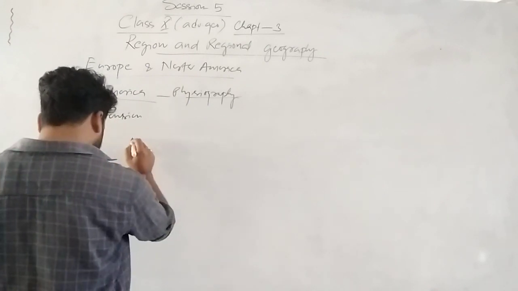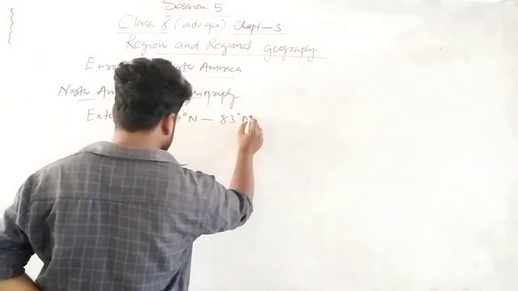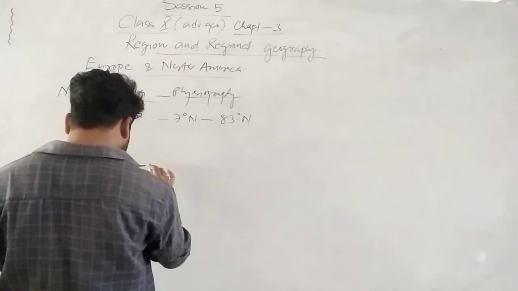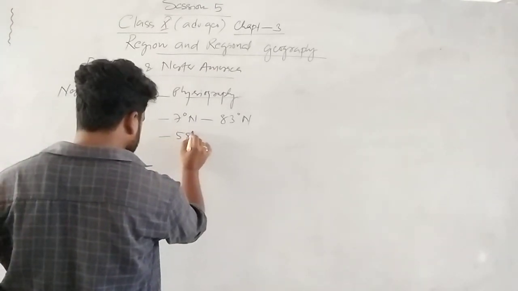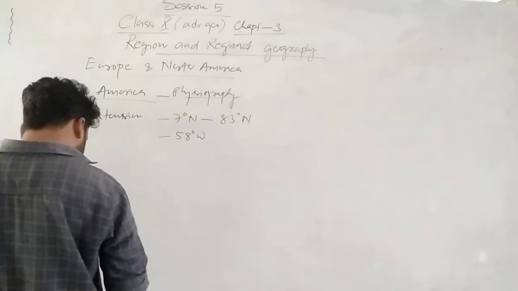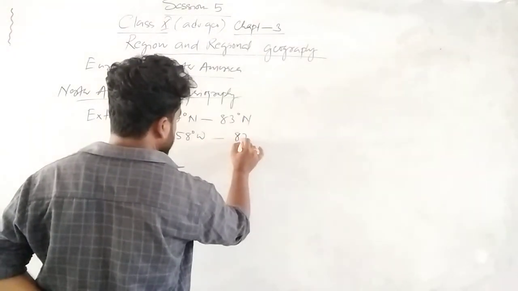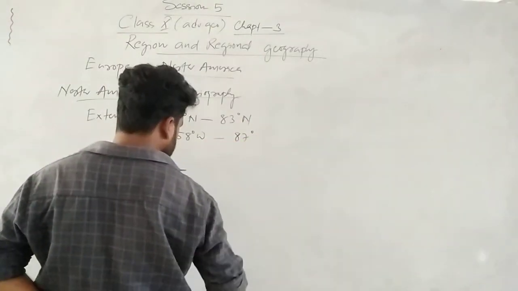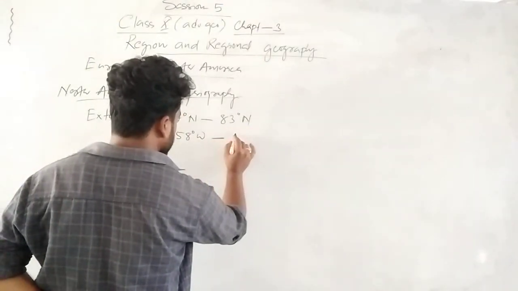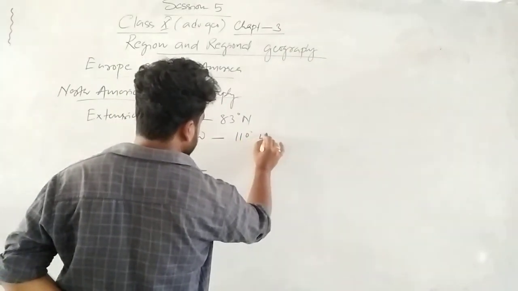That is 7 degrees north to 83 degrees north. Again, 58 degrees west to 110 degrees west.